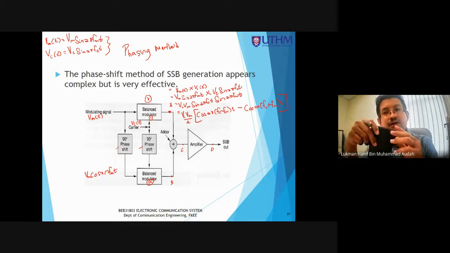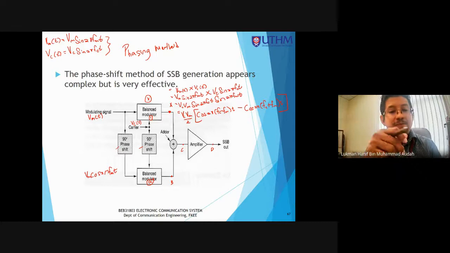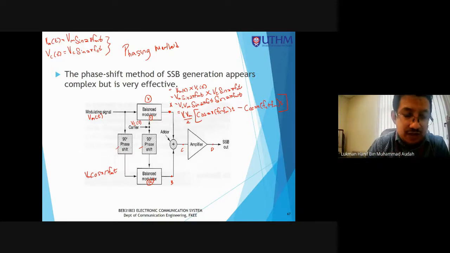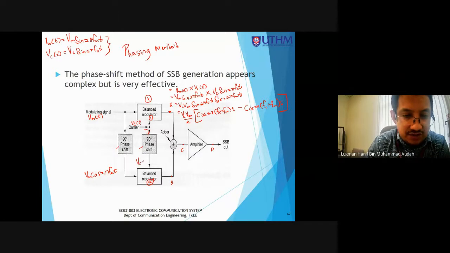Perbezaan 90 darjah sebenarnya adalah menghasilkan gelombang cosine. Sama juga dengan carrier. Carrier juga akan lalu ke dalam phase shifter. So what happen is that it will produce a Vc cos 2 pi Fct. Okay.